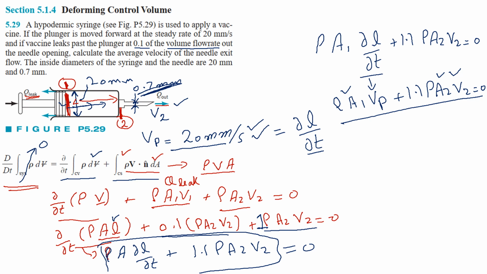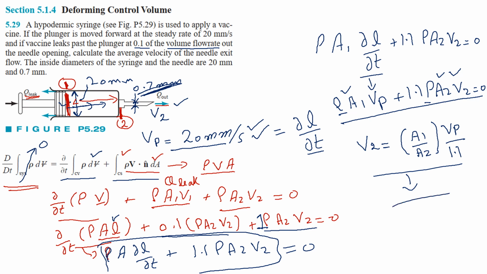Densities can be moved out and equated to, divided by, on the other side, 0 divided by density, so these can be neglected, and you get a simple equation: V2 is equal to A1 over A2 times VP, the velocity of the plunger, over 1.1. So this is what your final equation will look like. Put some values into it and solve it. You will get your answer in millimeter per second, and then change it into meter per second.